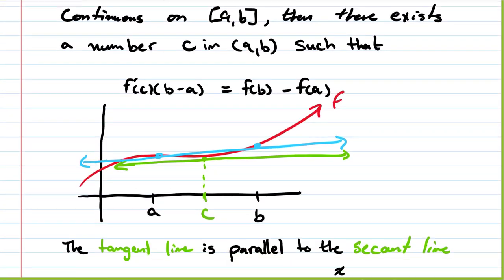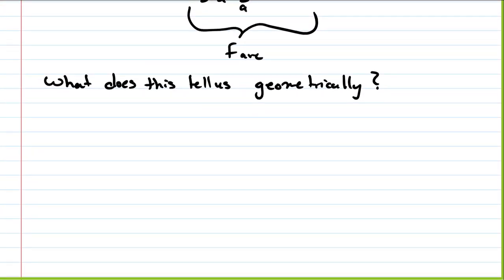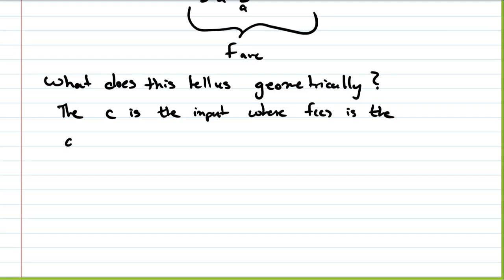So the c is the input where f of c is the average value of the function.